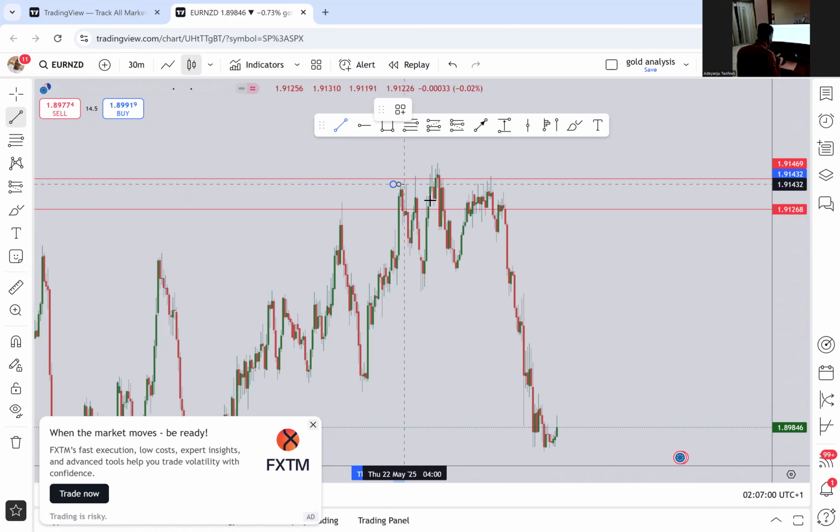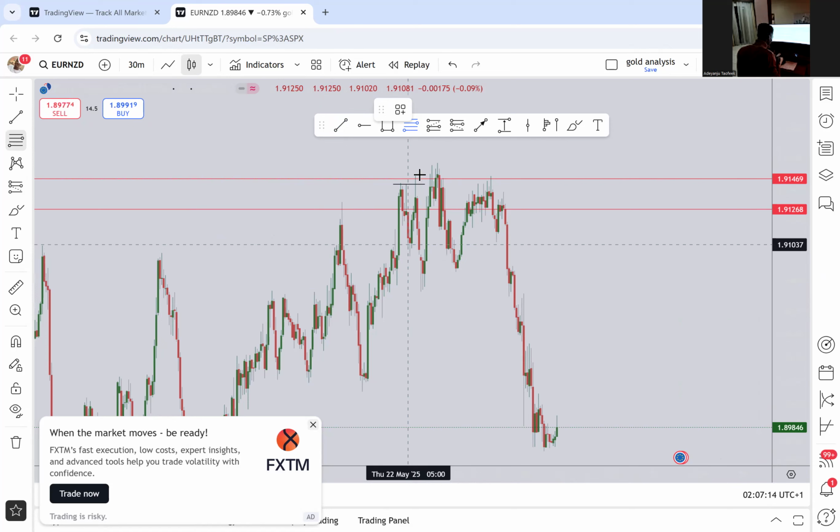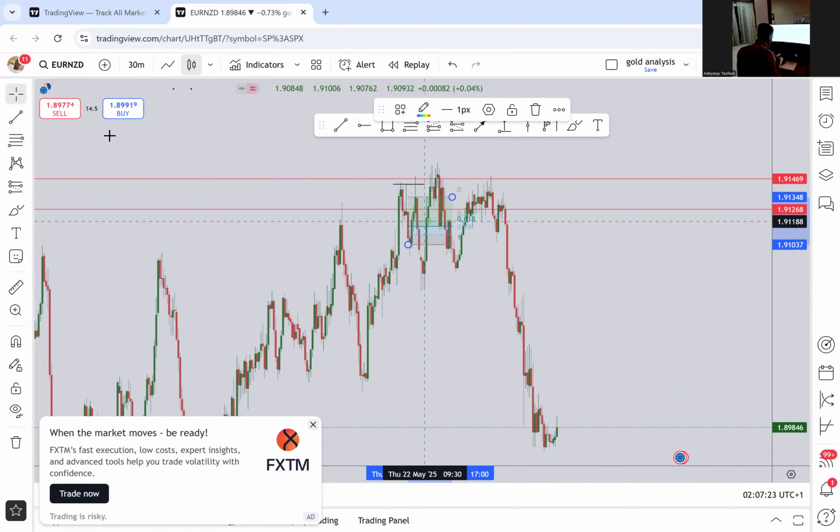And we can just take 50% of this level with FIB, say 50% here of this part or this part. So this is kind of the 50%.